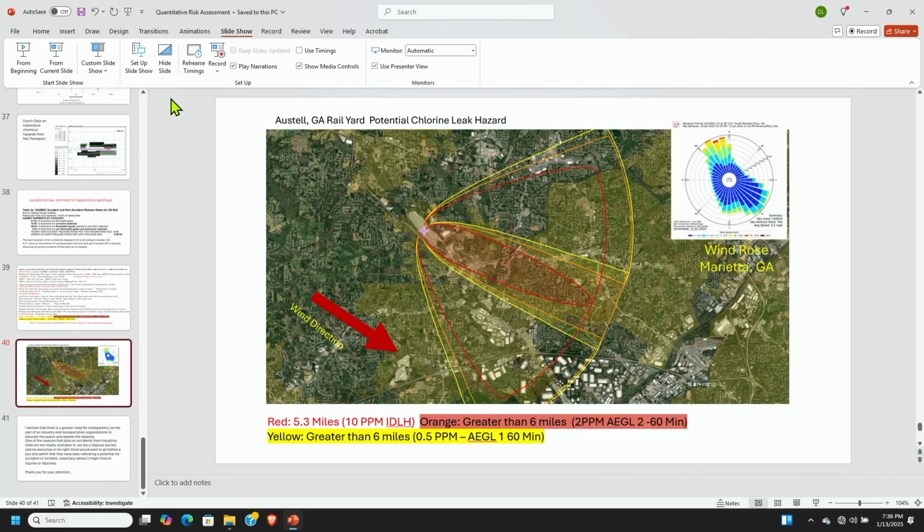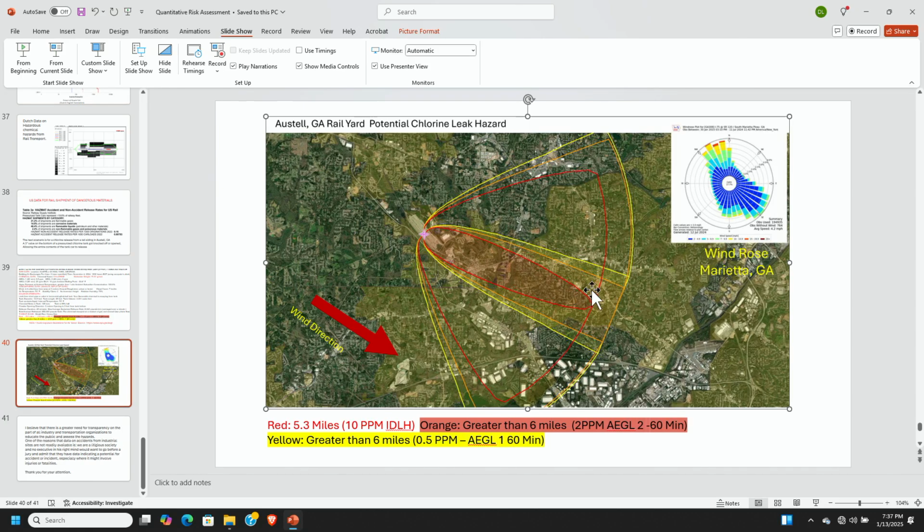There it is. You can see where the rail yard is. The rail yard is right here. And this is the prevailing wind direction. But the thing you have to look at is that this wind direction is based on the probability of this portion of the windrows.